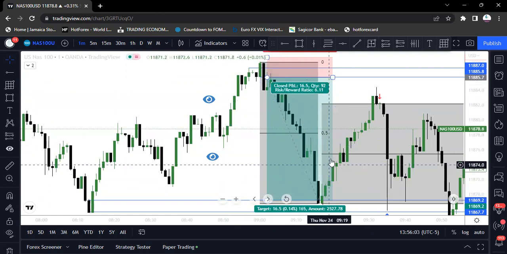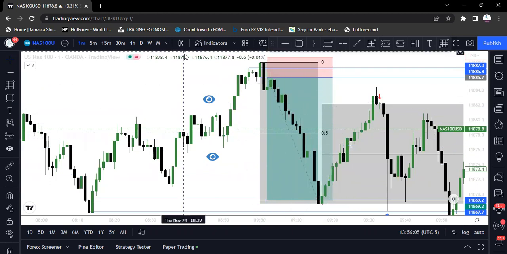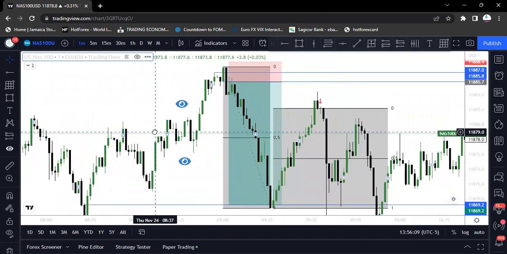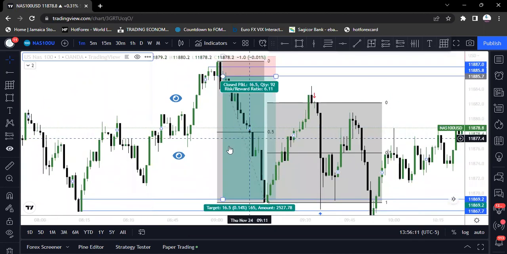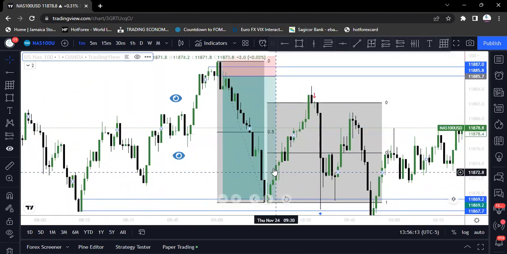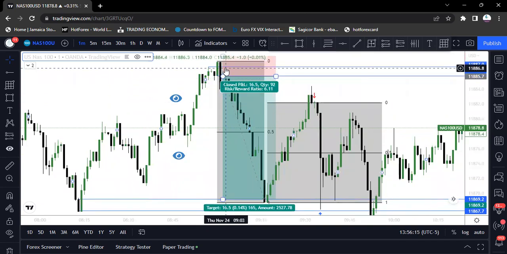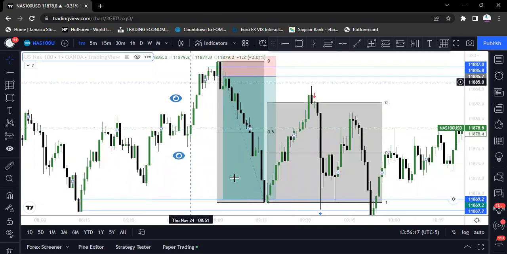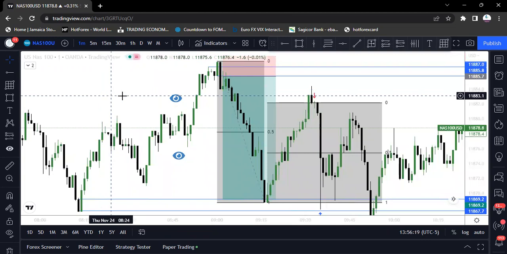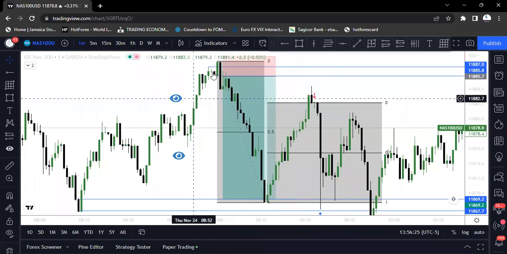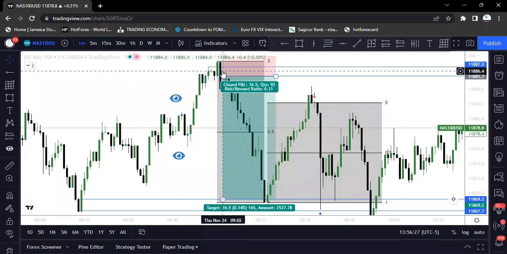Usually something magical happens around here, but it's just how you look at it. So if I asked you guys, where was the best entry right here before any of this conversation, most persons would probably just point to this for no apparent reason and say that's a good trade.